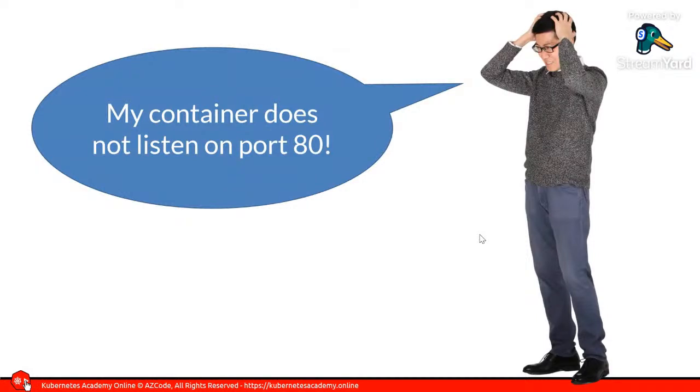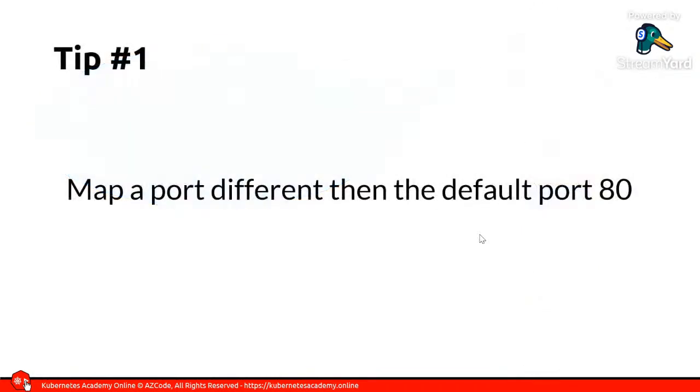my container does not listen on port 80. So it's possible when you create a Docker image to specify a port that is different than port 80, the standard port. The problem is that Azure App Service listens on port 80.